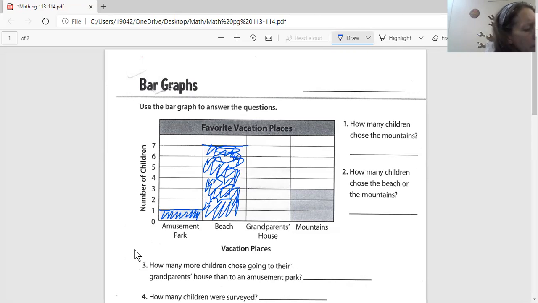If I look on grandparents' house, I can see that all of the bars are colored in up to line 5. So there's line 5. And all of these are colored in here. And I know even on my screen, I can see this one. So I'm pretty sure you can see that mountains is up to the number 3 on the bars.